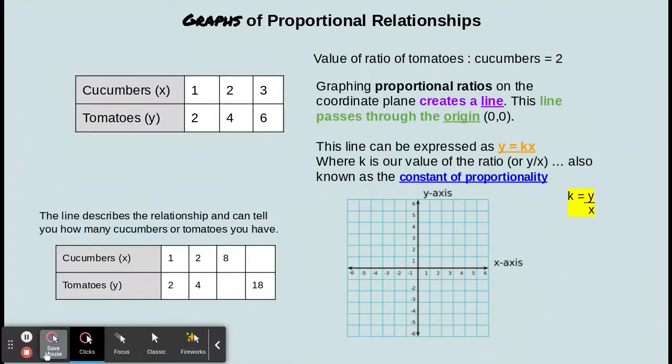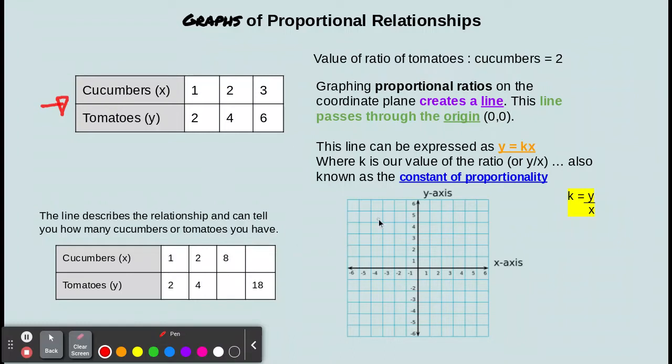We can also use a graph, though, to determine if ratios form a proportional relationship. Okay, so we need to graph them. This ratio table, we want to put it onto the coordinate plane. Remember, x-axis goes this way, y-axis goes this way. In this, we are told what our x and y are.